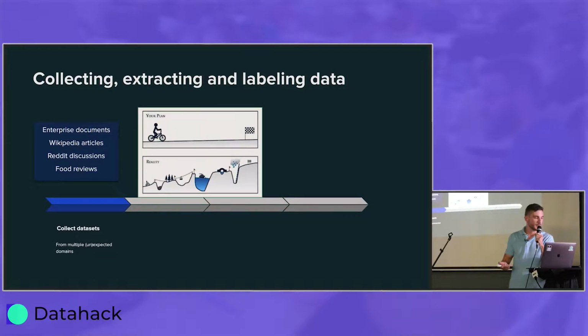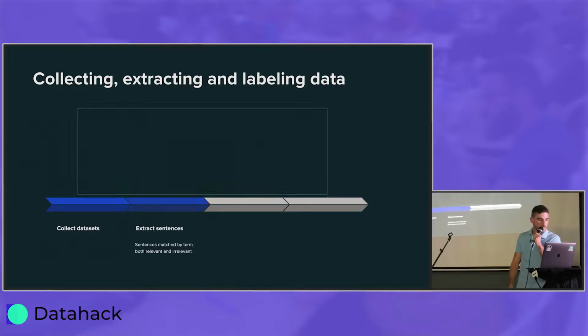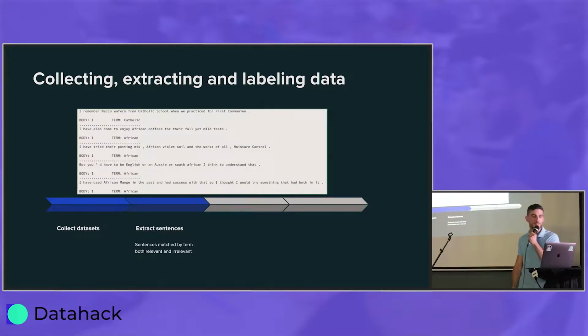Solving this with data. In the previous step, I learned that false positives in specific domains are very common. So I made sure to include food reviews among the new datasets. And once you have massive corpora, you can extract sentences that could be potential candidates.